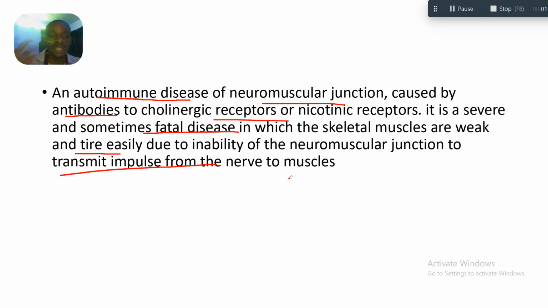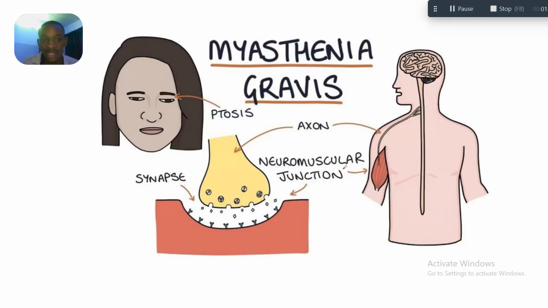The neuromuscular junction is where the nerves interface with the muscles, and when this junction is not functional, impulses cannot be transferred from the nerve to the muscle, and this is terrible. This is myasthenia gravis.